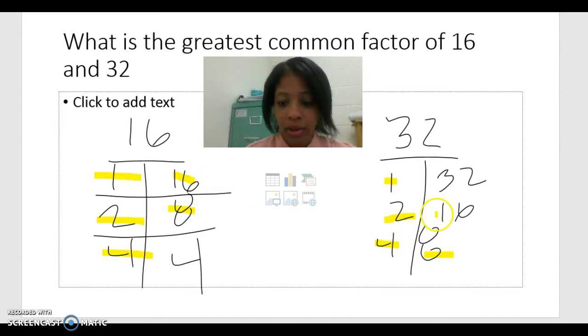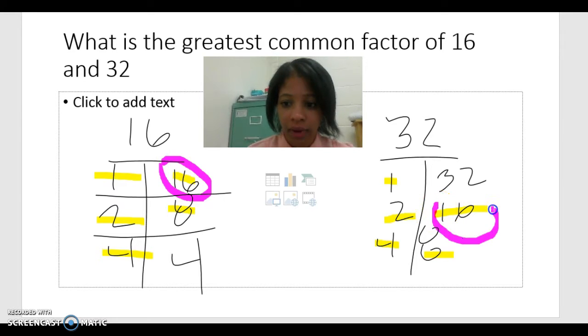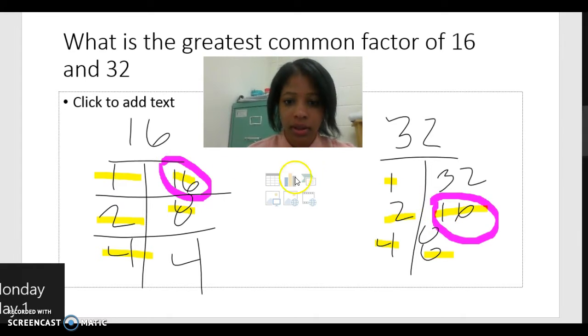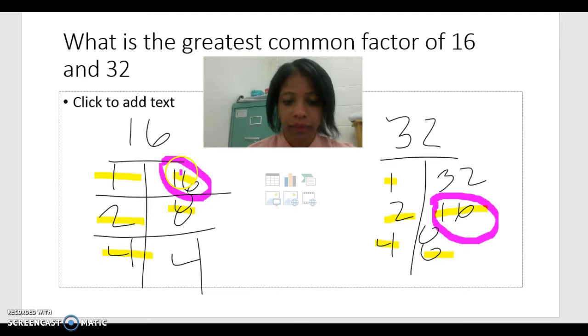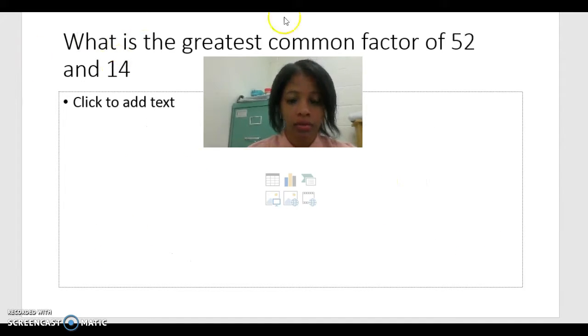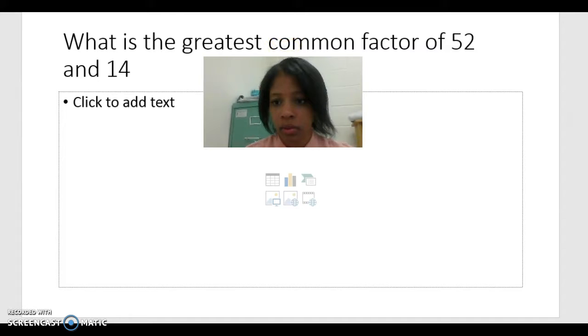So the greatest number that they both have in common is 16. My greatest common factor here would be 16. You can pause and do that one on your own if you want to.